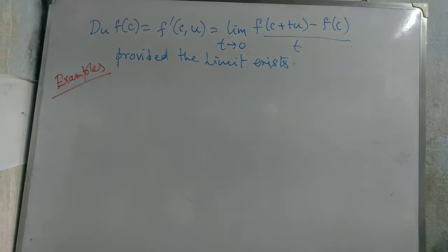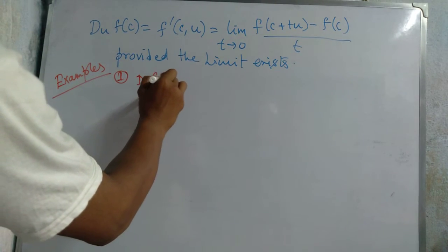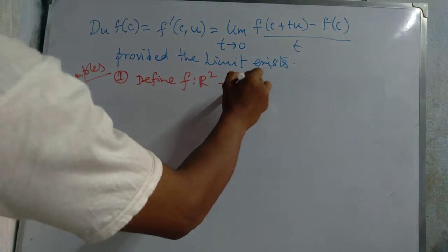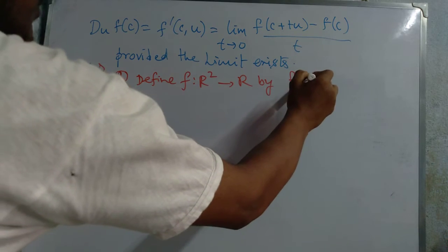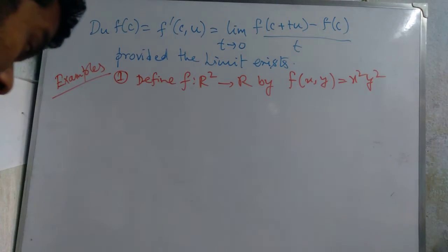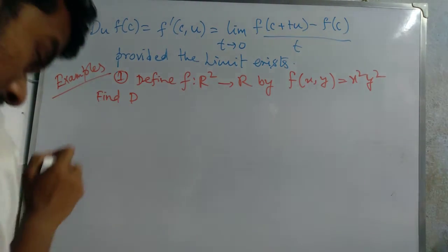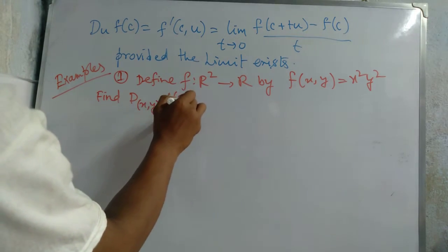First, define f from R square to R by f of (x, y) equals a square y square. Then find D_(x,y) f of (a, b).